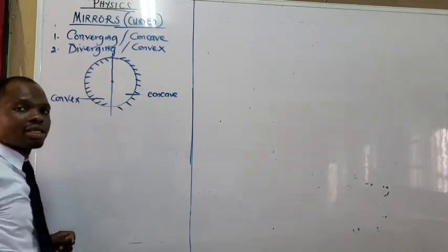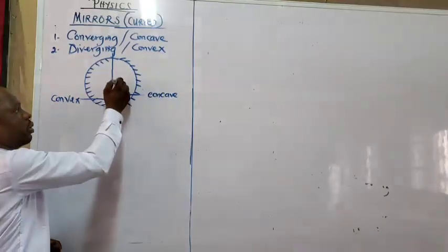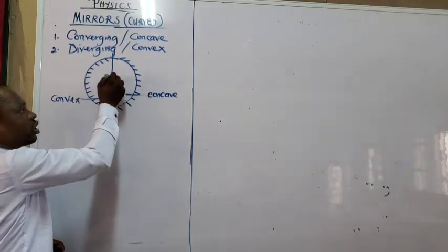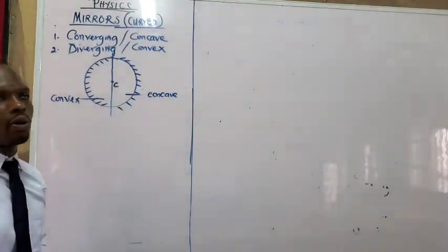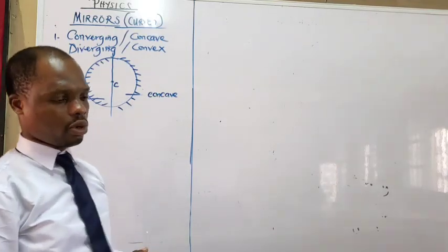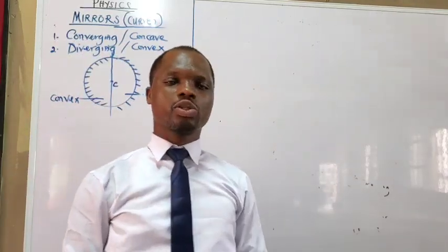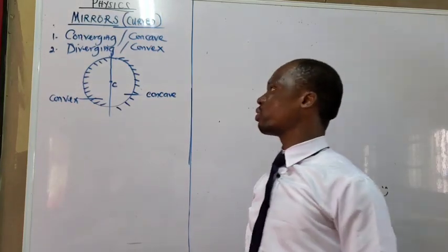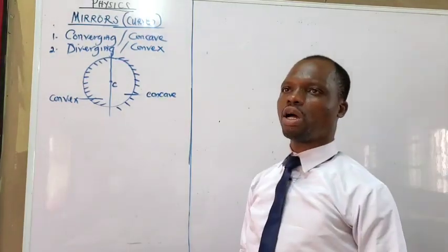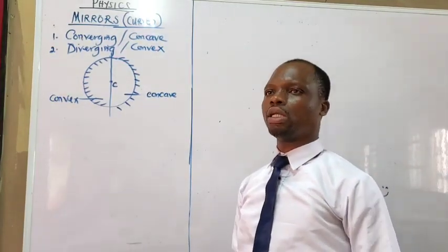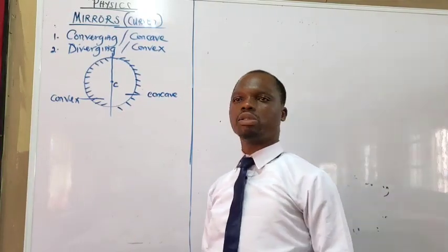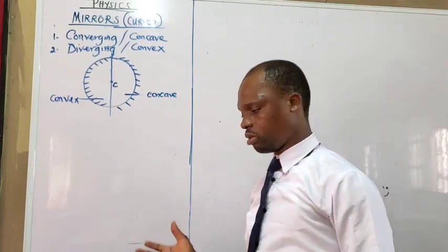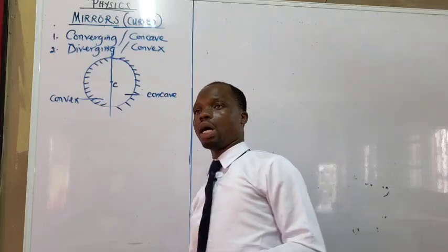See this point as the center of curvature of this mirror. So there are some basic things that you need to know under each of these types of mirrors. We have this applied in different devices in our homes and around us.